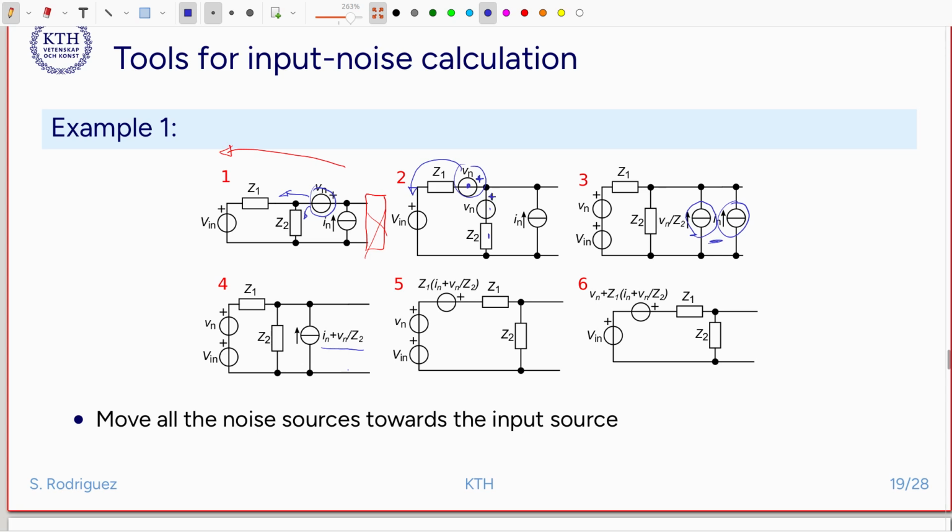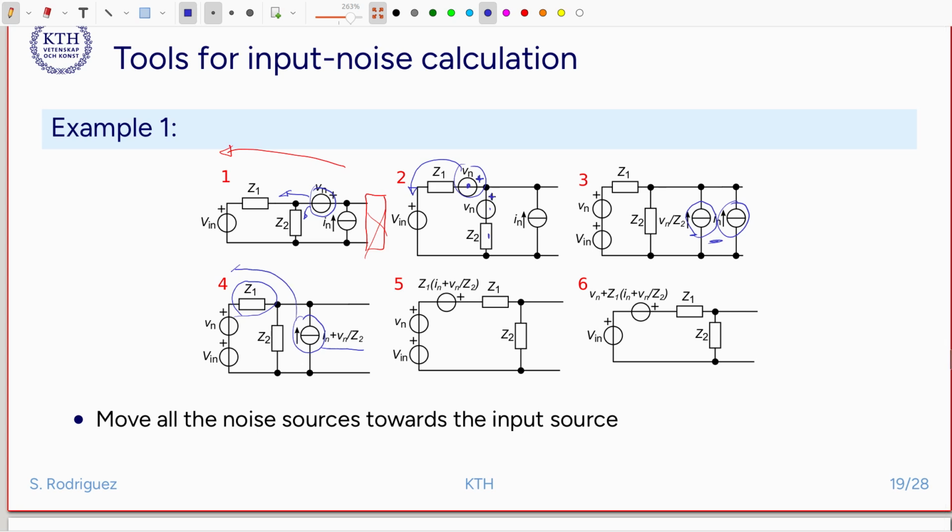And then the almost last step is that this current source here and this impedance here can be converted into a Thevenin equivalent. Again, very important to keep the signs.